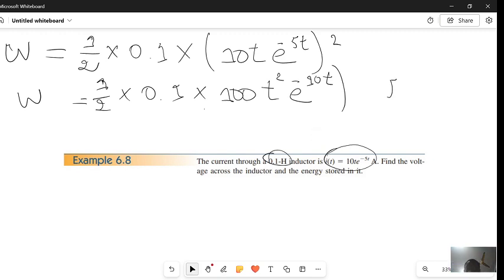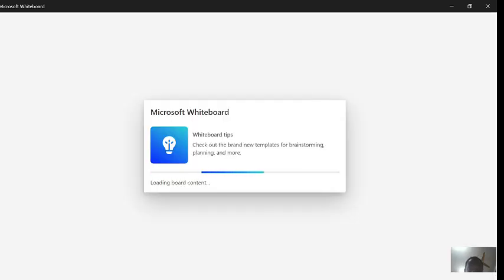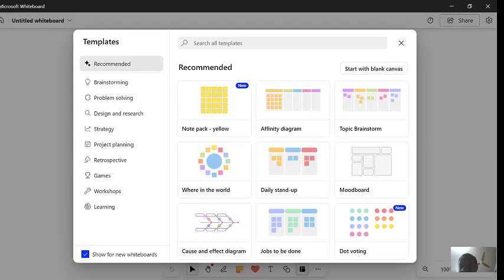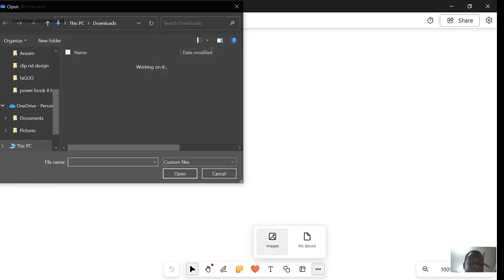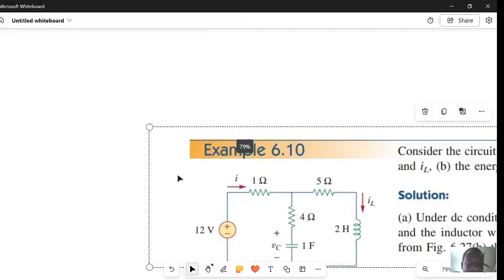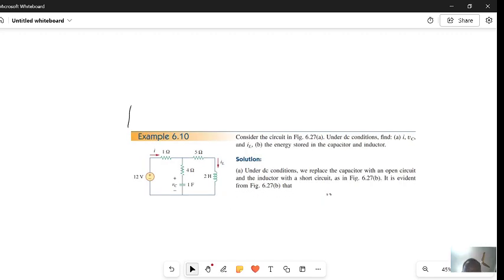Now let's go to another example where we will use the DC condition, as we discussed. This gives us this electric circuit.